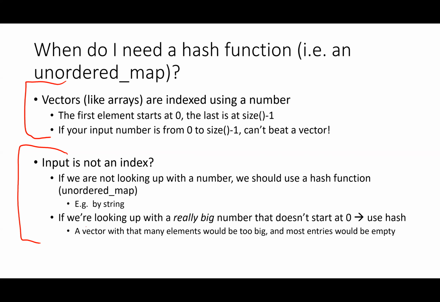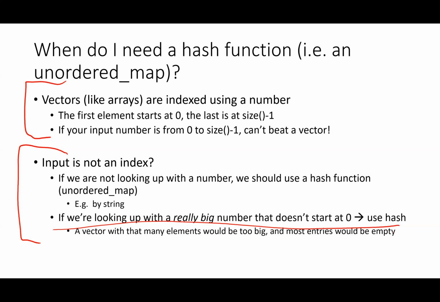There's another case where a hash table is useful. Let's say I have an integer ID, okay, but my integer ID doesn't start at 0 and go to some number and go to size -1. Instead, it's just a giant integer, okay? A giant integer where most of the values never occur in my data. Okay, and if you think about what we're giving you, there are cases like that.